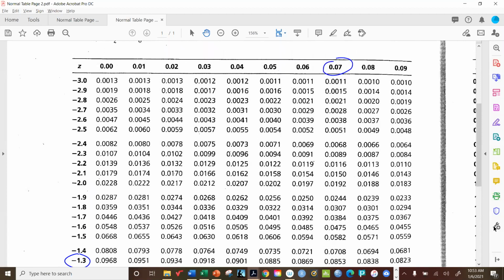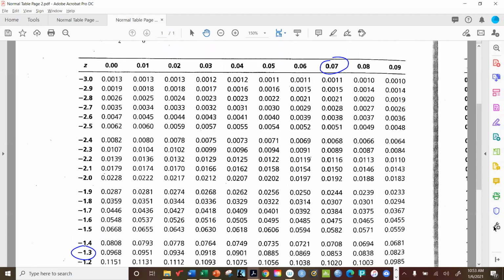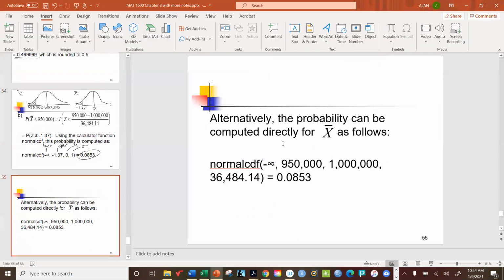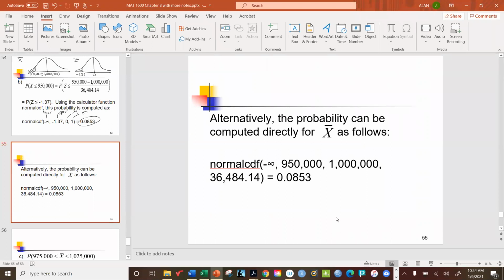And their intersection occurs right about here. 0.0853. And that's exactly what we have here. Very good. So it's only 8%. Now, again, if you throw the original numbers into this normal CDF function, you'll get the same thing.